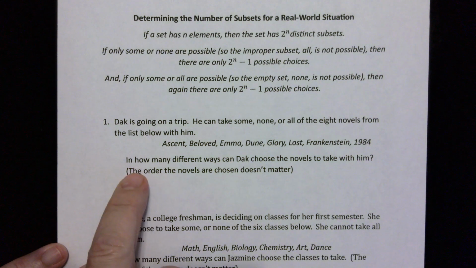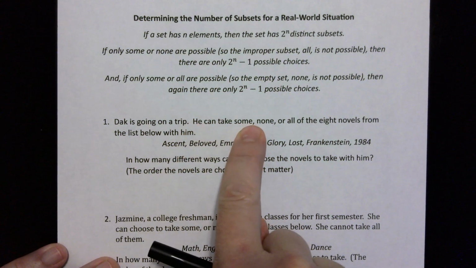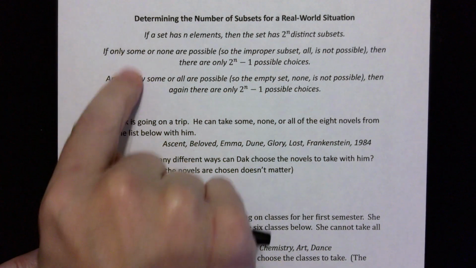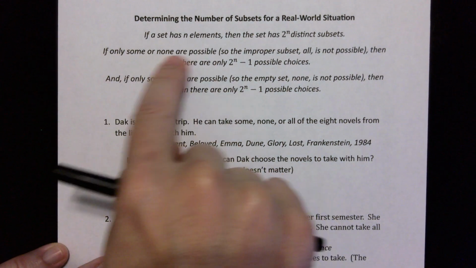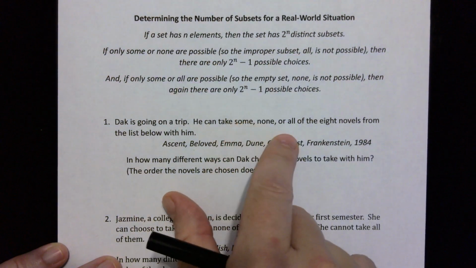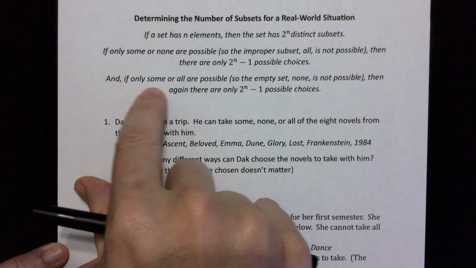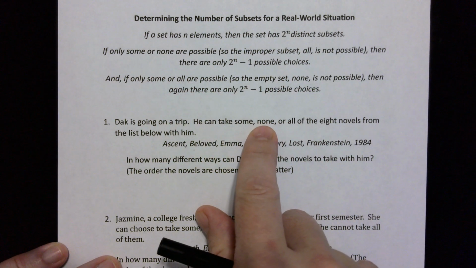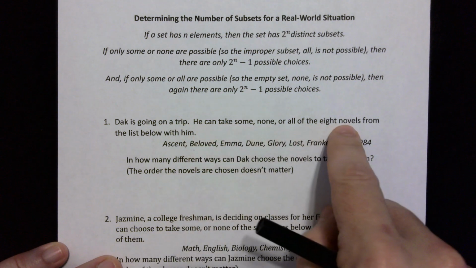It says he can take some, none, or all. Is that the case where some or none are possible, but all is not possible? No, this says all is possible. Is it only some or all are possible, but none is not possible? No, this says none is possible. So this has no restrictions.